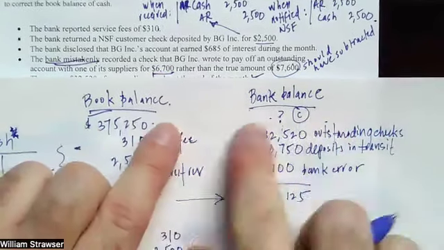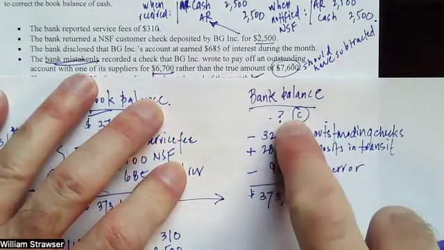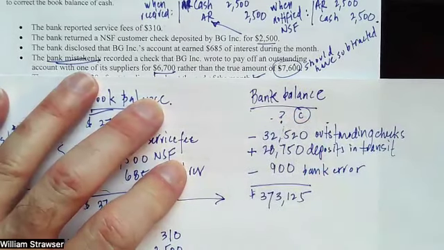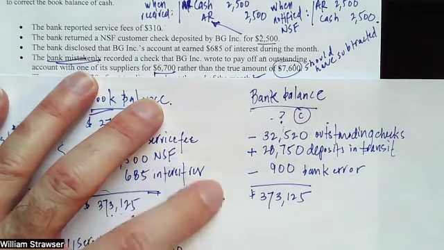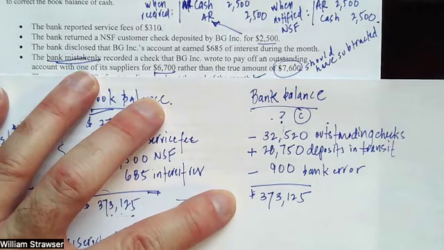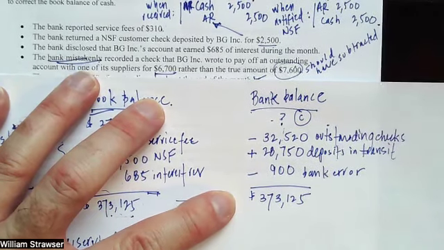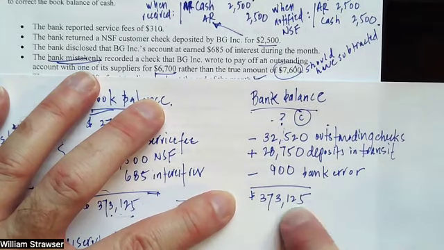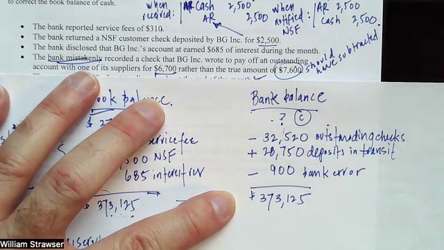All right, so now we have an equation that we can work with to go back into the bank balance. Right? We start at 37,125 and we're just solving for that beginning of the period balance. So we're moving everything over to this side, which means we'll add the 900. We'll subtract the 28,750 and we'll add the 32,520.